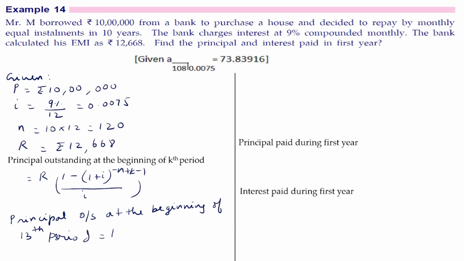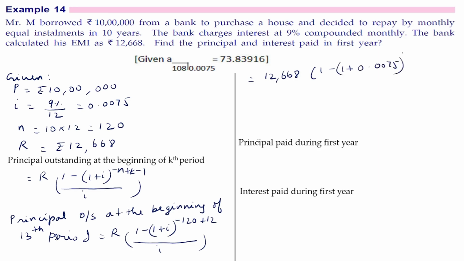Using this formula, it will be R into 1 minus 1 plus I the whole raised to, here N is 120, so minus 120 plus K is 13 minus 1, 12, upon I. Or it is equal to, R is 12,668 into 1 minus 1 plus 0.0075 the whole raised to minus 108 upon 0.0075.